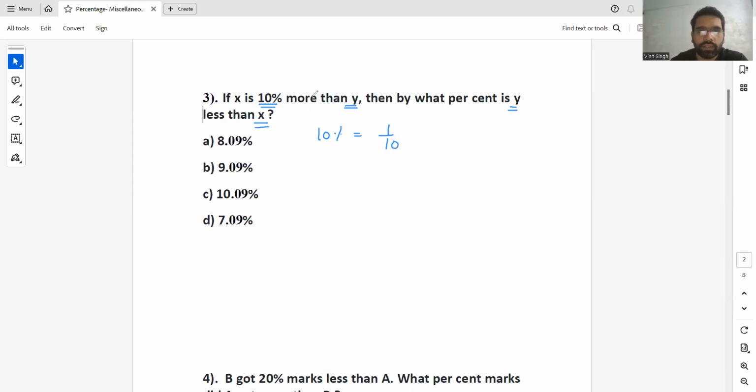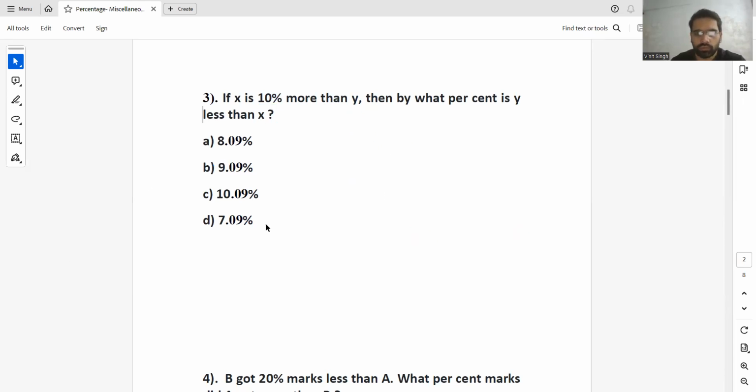Here X is 10% more than Y. So Y will act as 10, and X will act as 11, 10 plus 1, 11. By what percent is Y less than X? So Y is one number less than X. So in percentage, we will write 1 upon the value of X into 100. It will be 9.09%. Clear? Now, by applying the fraction value of the percentage, you can easily solve this type of question.